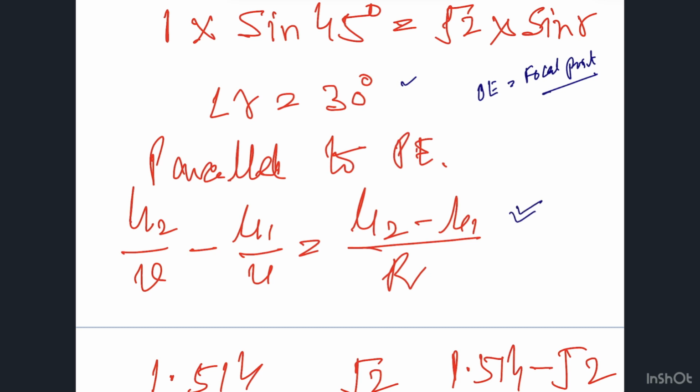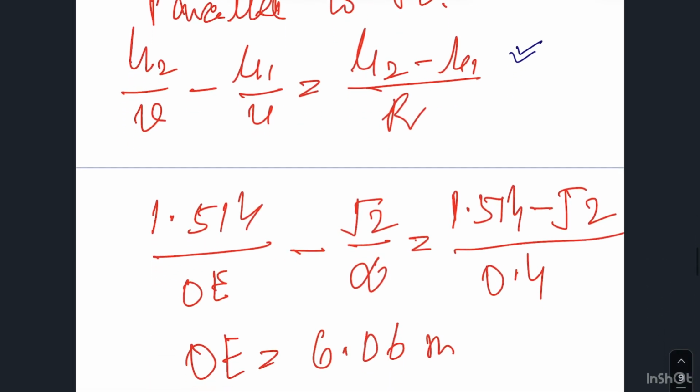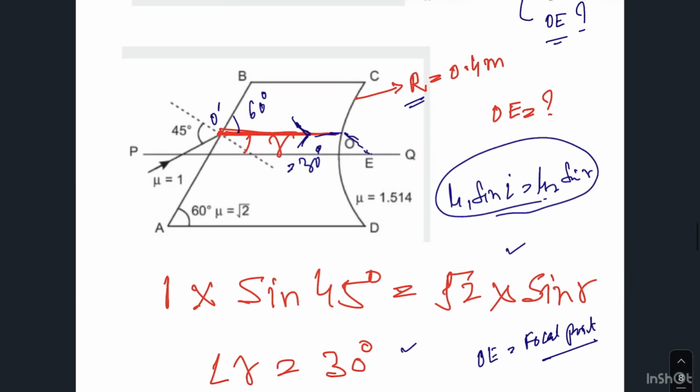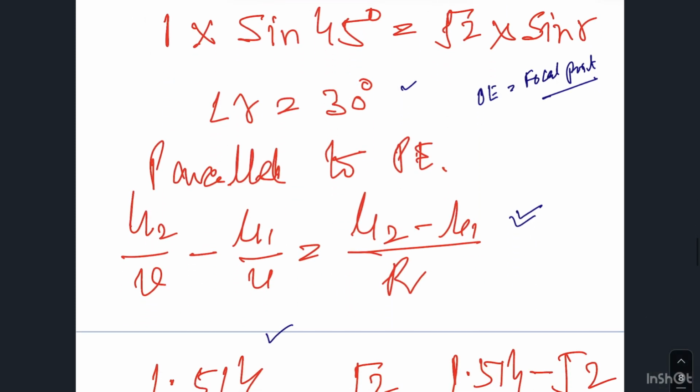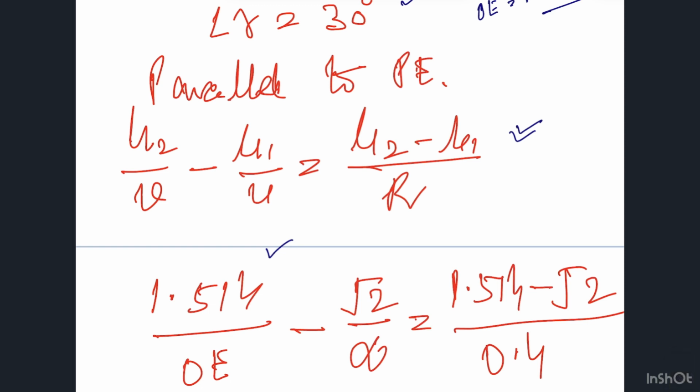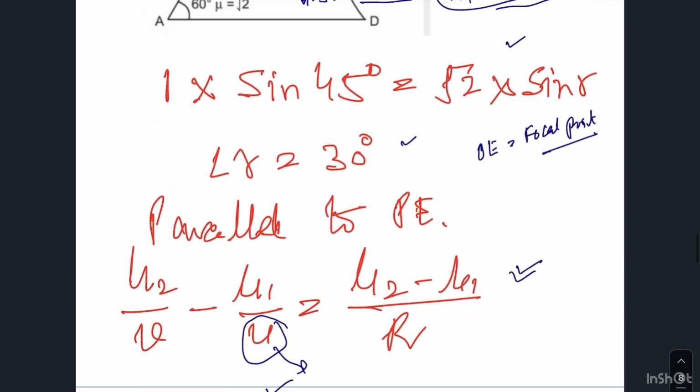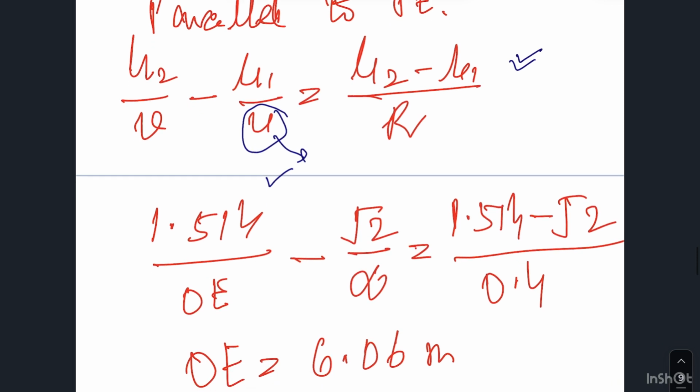to this thing, and if we put the proper values, that is mu2 is given as 1.514, that is this mu, here mu1 is root 2, so mu2 is given 1.514. u, since the ray is parallel which is falling on a spherical surface, then your u we can take as infinity.